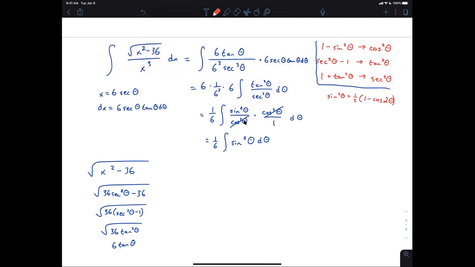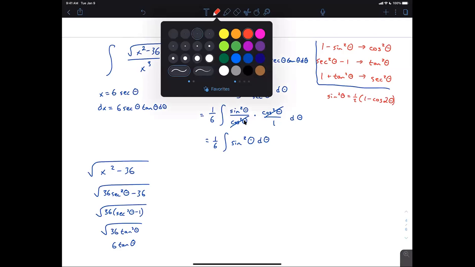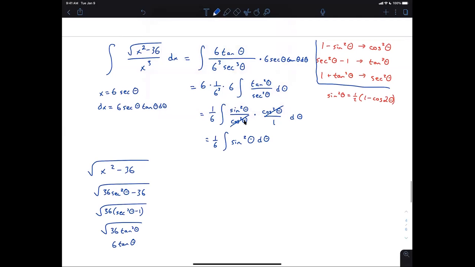The half angle formula for sine is sine squared theta equals 1/2 times 1 minus cosine of 2 theta. And so we get it to there. Question?